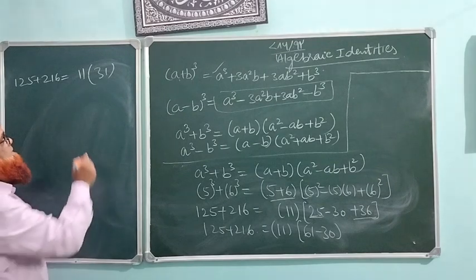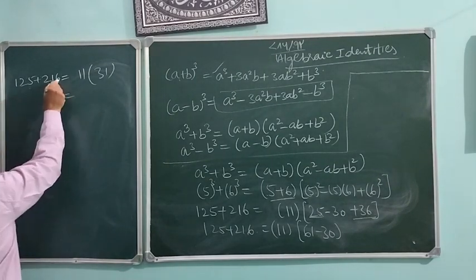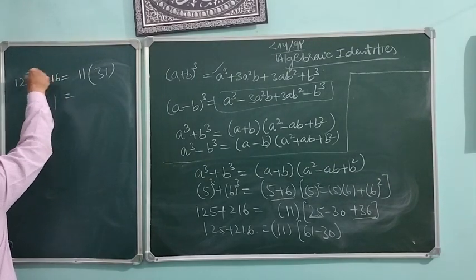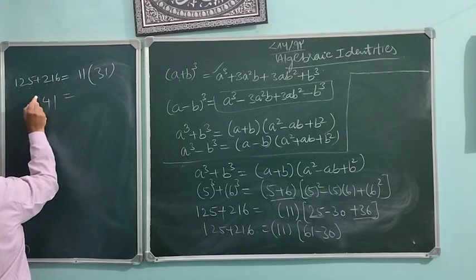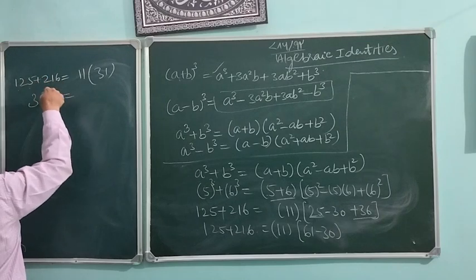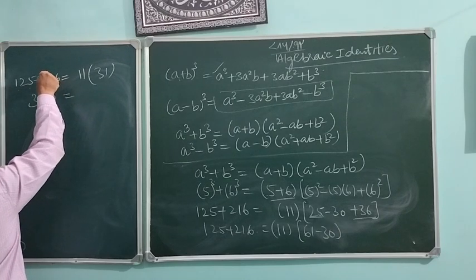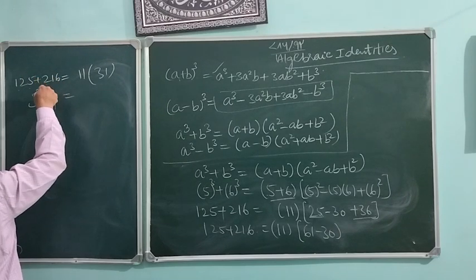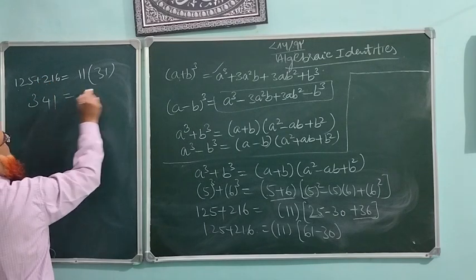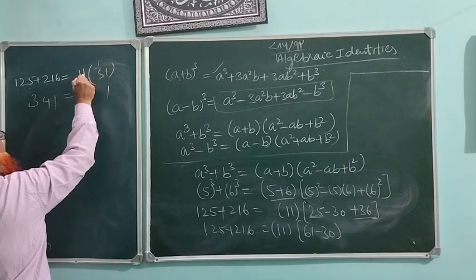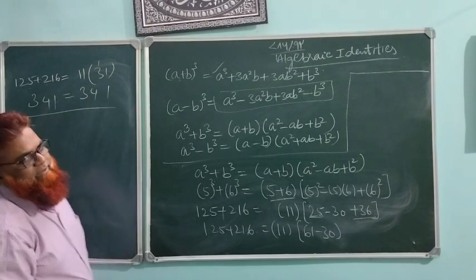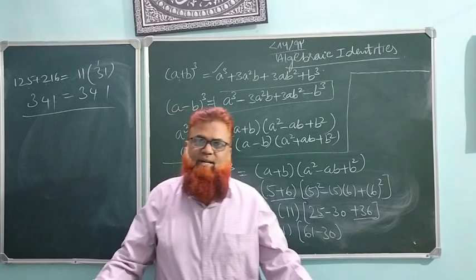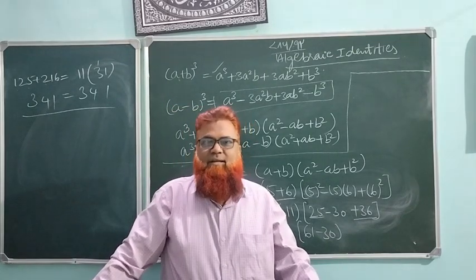Alright, then you add 6 plus 5, 11, 1 plus 1 plus 2, 4, and 2 plus 1 is 3. This is 11 ones are 11, 1 carry, 11 3s are 33, 33 plus 1, 34. So 341 is equal to 341. Therefore LHS is equal to RHS.